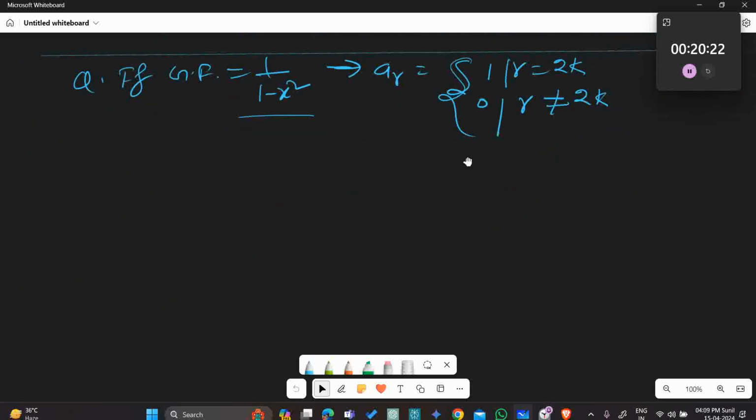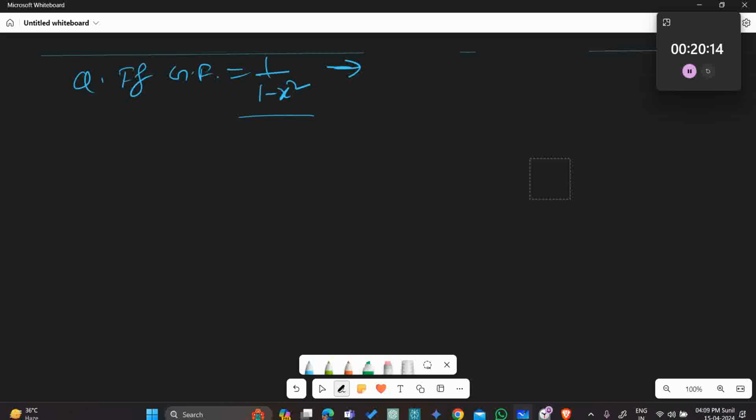Right. Now let's do this. So what is this? This is the generating function, then what is a of r? This is what they are asking for, right? Here, this is not 1 minus x, it is 1 minus x to the power 2.